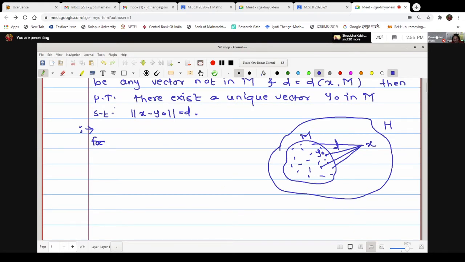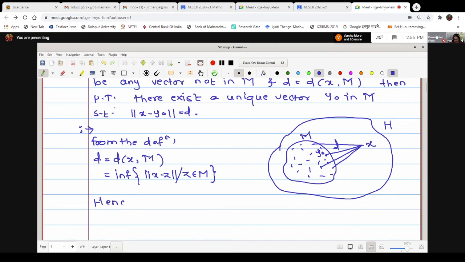From the definition, d is the distance between a vector x and the set M, which we know is the infimum of norm x minus z on the condition z belongs to M. Hence, we can write that there could be some elements in M which form a sequence where the norm value of the distance between x and that vector is tending to d.